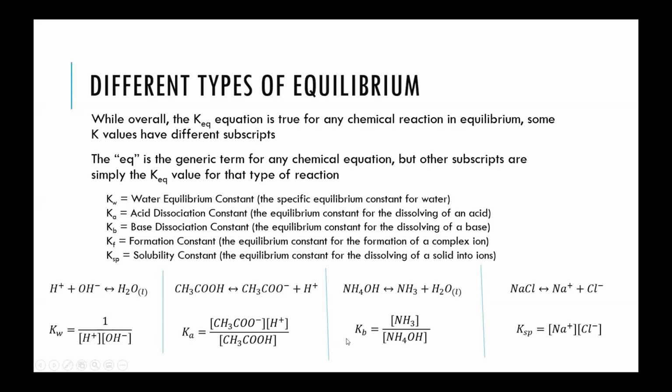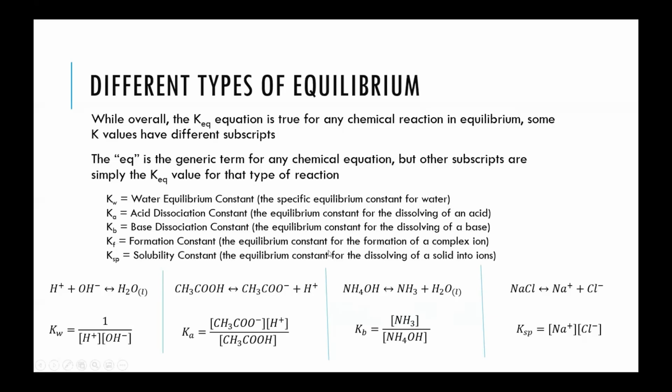Ka and Kb are based on dissolving acids or bases. A Ka value is the equilibrium constant of an acid dissociating into H+ and its counterion. A Kb is the equilibrium constant of a base breaking apart into its individual components.